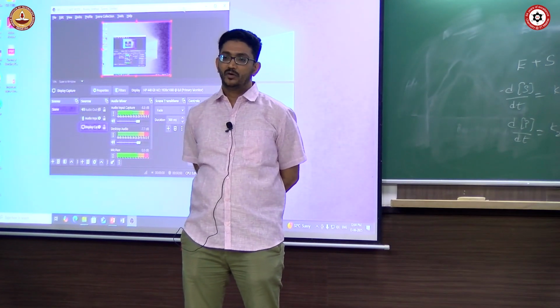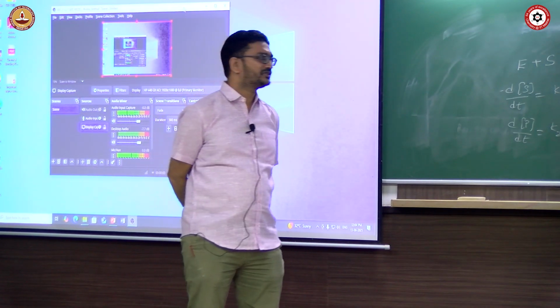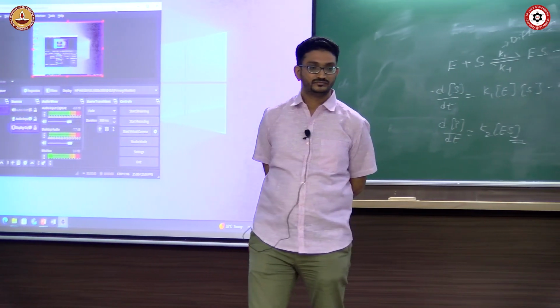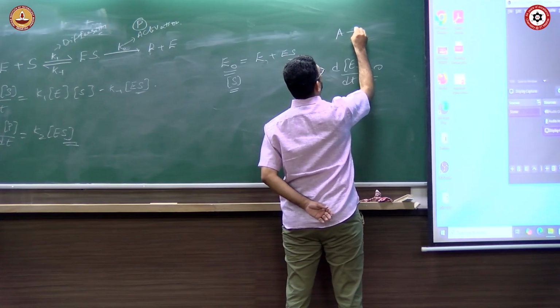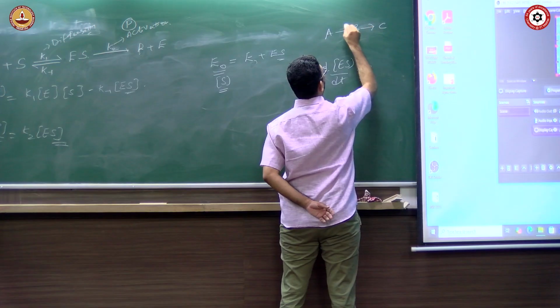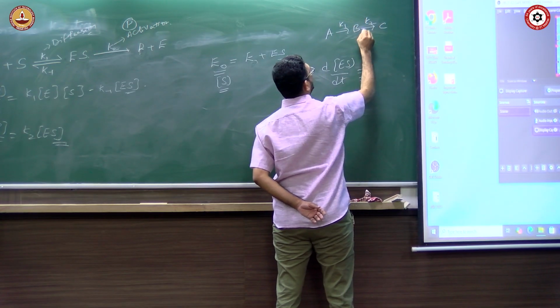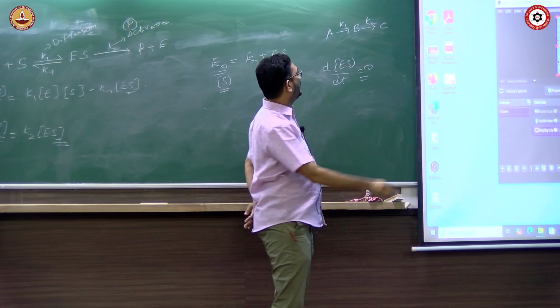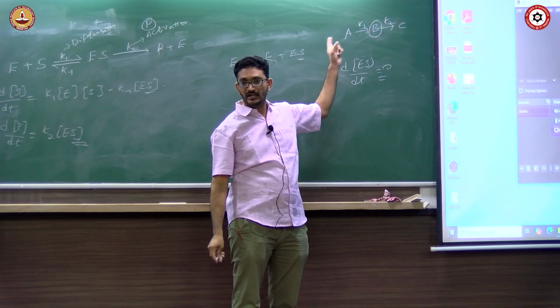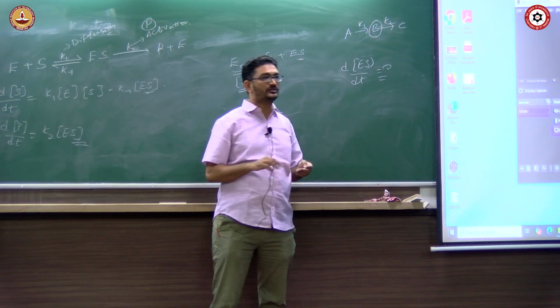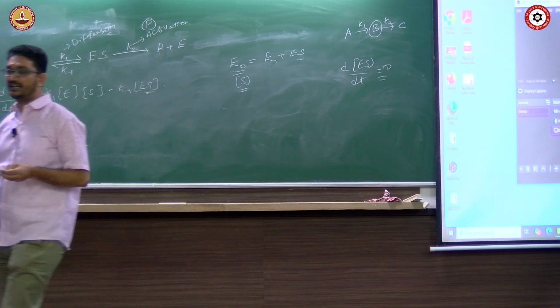Now, can you apply steady state approximation to anything? So, if I have A goes to B goes to C, with K1, K2, where do I apply steady state approximation? I apply it to B because this is the intermediate, right? So, can I apply it to anything, or is there any condition?